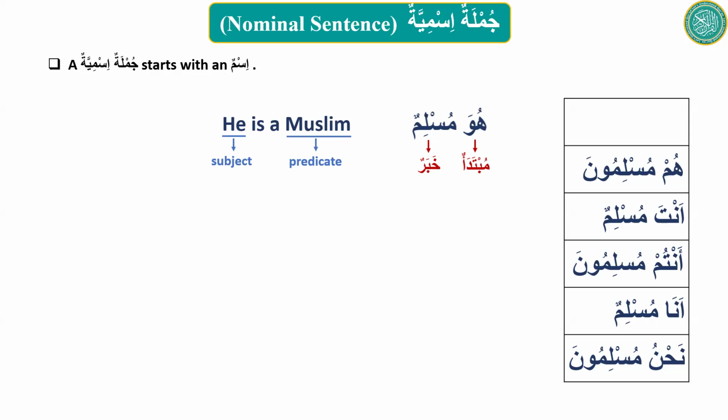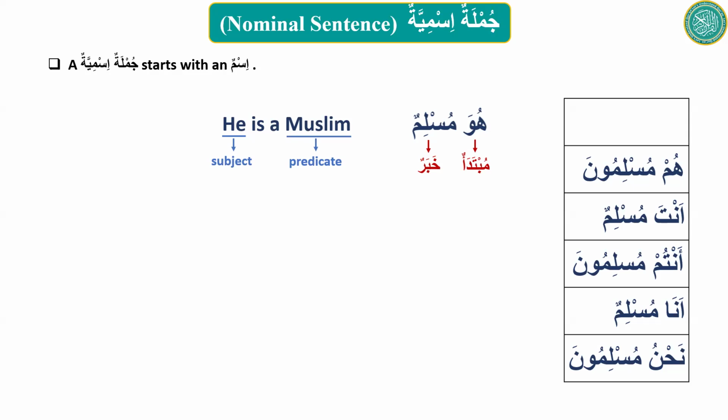Muslimun, I have the same two questions. I need to know the status of Muslimun and whether it is a common noun or a proper noun. Saad. Muslimun is Rafa and it's a common noun. There's no reason to call it proper. Very good. So Mubtada, which is huwa, is Rafa and it is a proper noun.